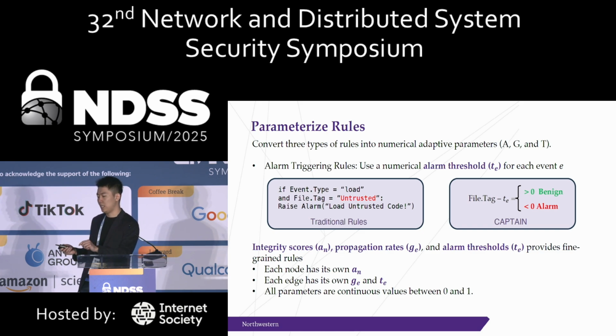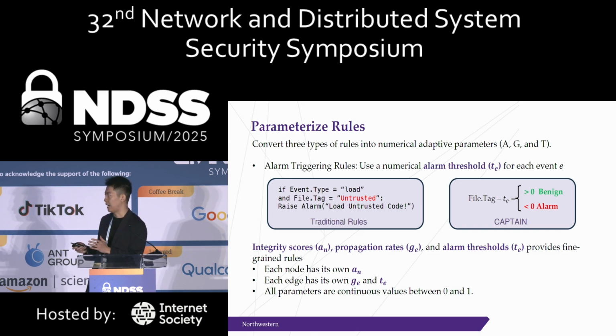With these three types of adaptive parameters, we can assign different rules for each node and edge on the provenance graph, and we have finer granularity to control our entire provenance-based intrusion detection system.